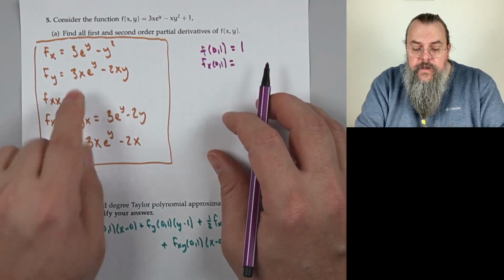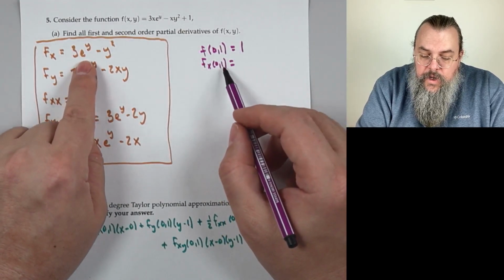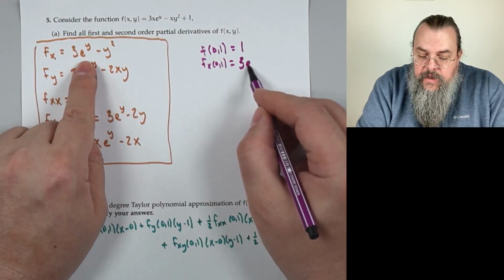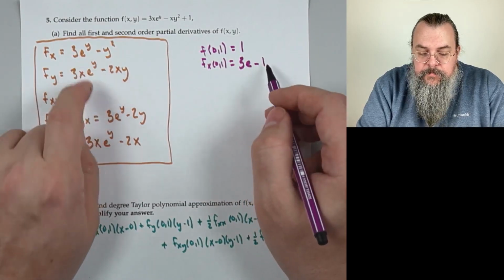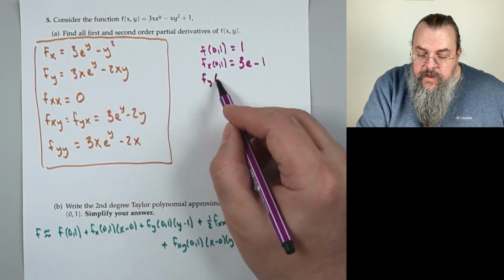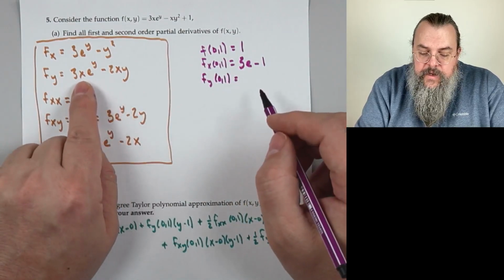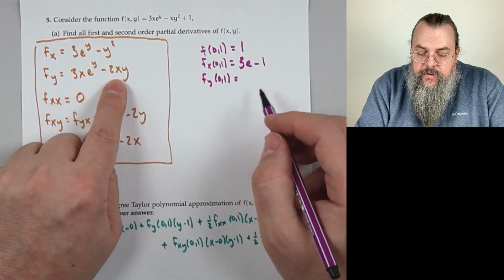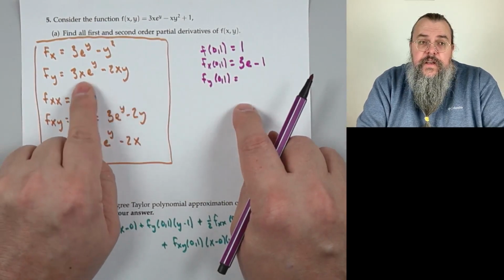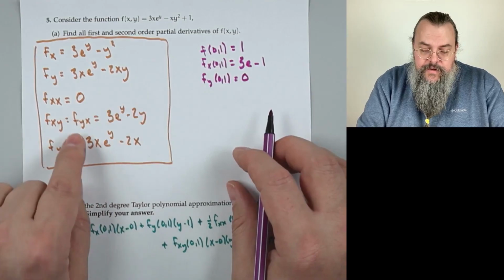What do we have? Well, we'll get 3e^1, which is 3e, and then we're going to subtract 1. All right, what about f sub y at 0, 1? Well, we're going to get 0 and 0, right? Because anytime there's an x downstairs, it goes away. Well, that's pleasant.